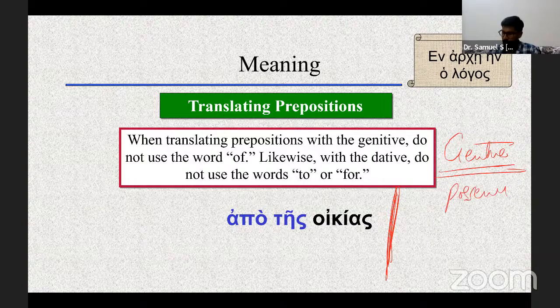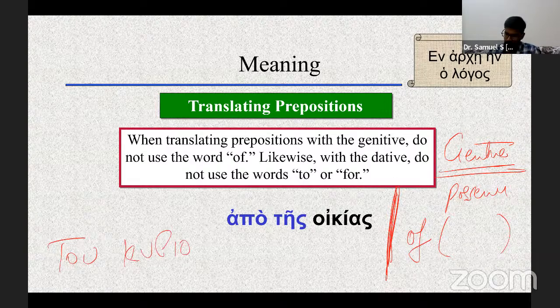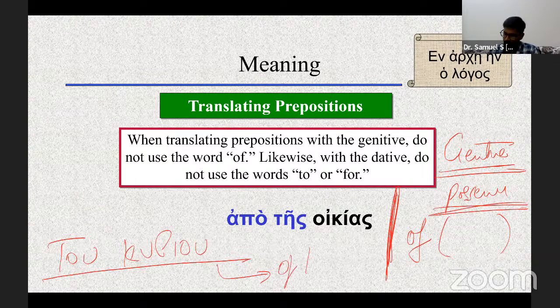And so we generally translate that as of something, right? So when we say, for example, tou kuriou, we know this is genitive, so automatically we want to communicate possession, so we say of the Lord, right?